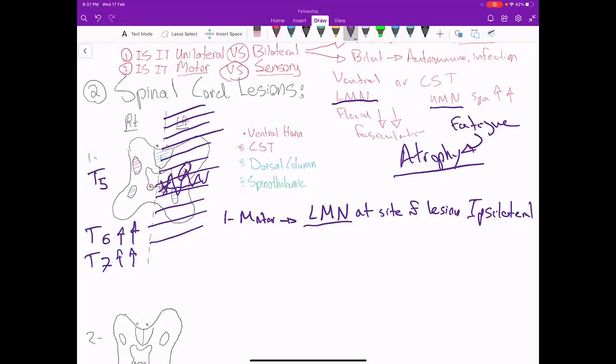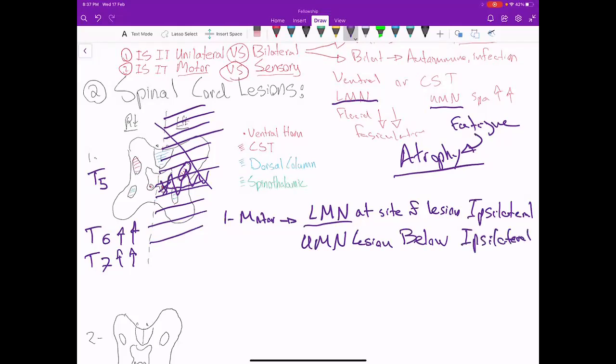Because at T5, it was destroyed, right? On the left side, right? So therefore, below the level of the segment, you're always going to have an upper motor neuron lesion below the segment. Again, is it going to be ipsilateral or contralateral? Ipsilateral. It will always be ipsilateral.